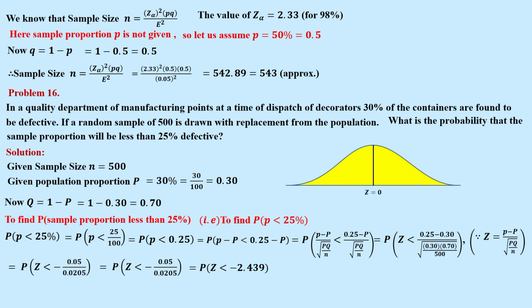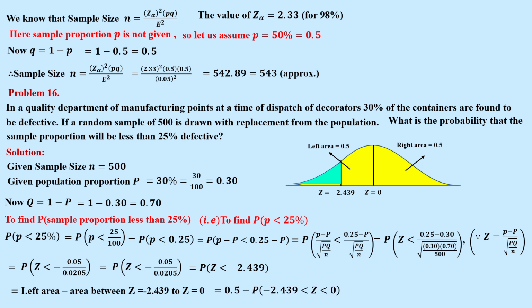So from the table, z is equal to 0, this is z is equal to minus 2.439. So less than that, this is the area, right? So this is 0.5, right side of z equal to 0, and left side of z equal to 0 is 0.5. So left area minus the area between z equal to minus 2.439 to 0, that is equal to 0.5 minus probability of minus 2.439 less than z less than 0.